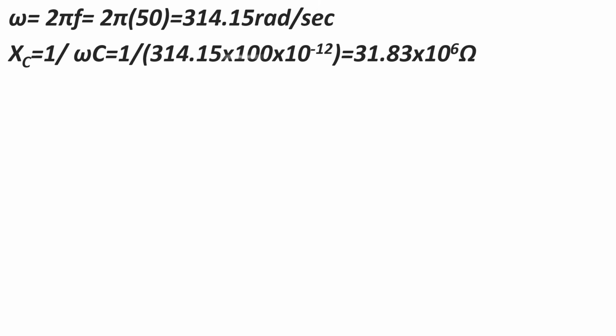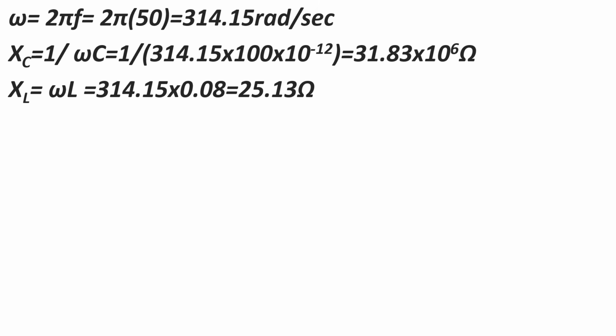Xc equals 1 by omega C, which is 1 by 314.15 into 100 into 10 power minus 12, which is 31.83 into 10 power 6 ohms. XL is omega L, 314.15 into 0.08, which equals 25.13 ohms.